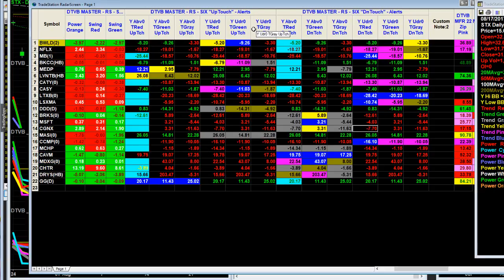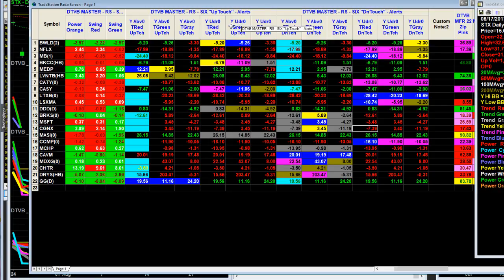And it's basically just has to do with the amount of evidence. If you haven't figured the system out yet, it's basically a situation in which we have just an increasing amount of evidence causing greater strength, greater movement, larger gaps, etc. And so this particular indicator, the 6 uptouches, the 6 uptouch alerts on the radar screen, those are going to be your alerts for gaps down.